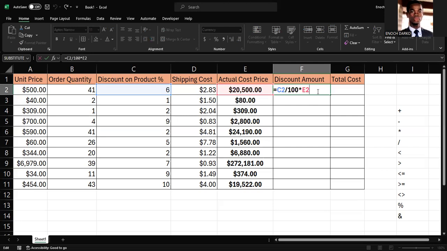When your syntax is wrong, like the way you arrange your formula, if Excel doesn't recognize it, it will give you an error and it can't calculate for you. But there are certain times that Excel will give you an answer, but the answer is not the actual answer you are supposed to get because of a semantic error, because you didn't arrange your formulas well. This formula is very simple, so your BODMAS will automatically work for us. You see, this one gives us 1,230.